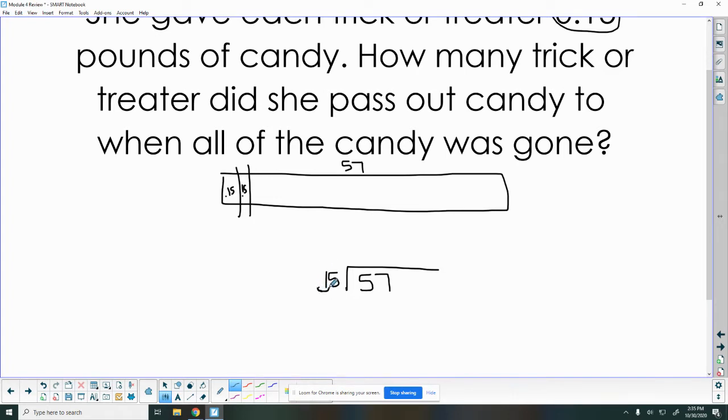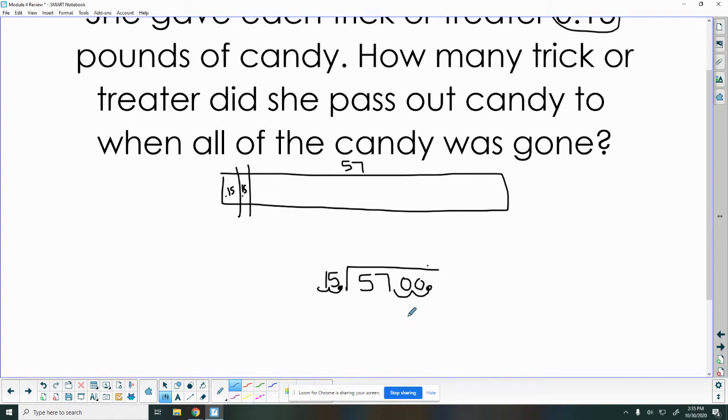So I want to move this decimal 2 places, make that 100 times bigger. The decimal on 57 is at the end, so I'm going to make it 100 times bigger. So we're really doing 5,700 divided by 15. So my decimal's here at the end.